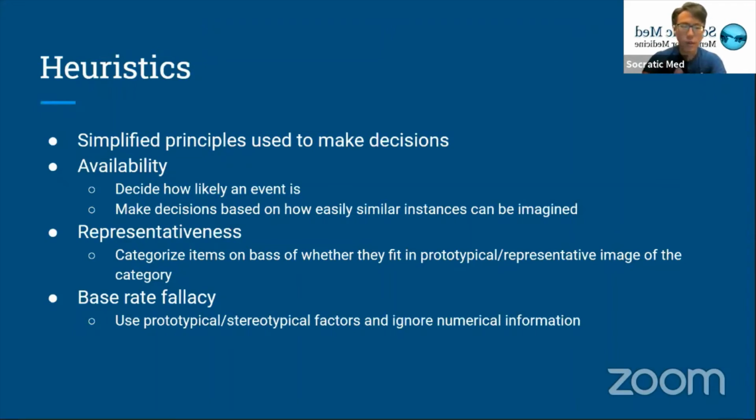So the availability heuristic is when we decide how likely an event is by how easily similar things can be imagined. That's when we make a decision by thinking about similar instances that we can imagine. I think of availability as all the available similar examples, and we use that to decide how likely an event is.